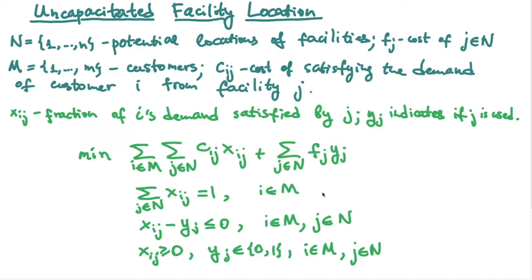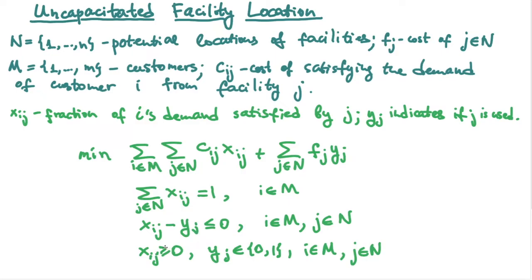Okay, so next we have the demand constraint, and this just tells us that the demands of all the customers must be satisfied, so the summation of x_ij over j is equal to 1. And then these constraints indicate that we can only use the facility j to satisfy i's demand if the facility j is open.